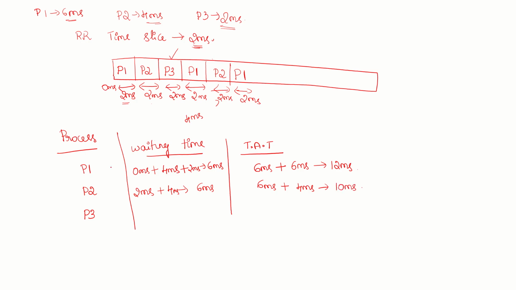Now coming for P3, it waited for 2 milliseconds of P1 and 2 milliseconds of P2, isn't it? So first I will write 2 milliseconds plus 2 milliseconds. So I will write it as 4 milliseconds directly, because here it is 2 plus 2, right?